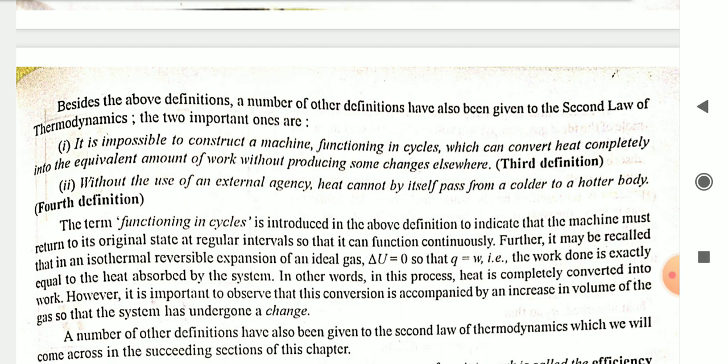In other words, in this process, heat is completely converted into work. However, it is important to observe that this conversion is accompanied by an increase in the volume of the gas, so that the system has undergone a change. A number of other definitions have also been given to the second law of thermodynamics, which we will come across in the succeeding sections of this chapter.